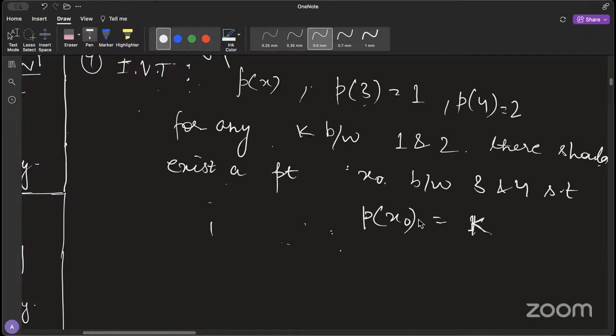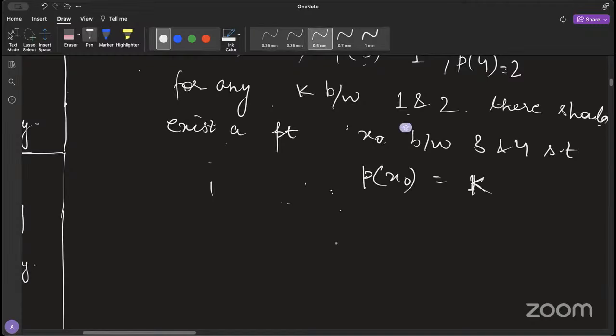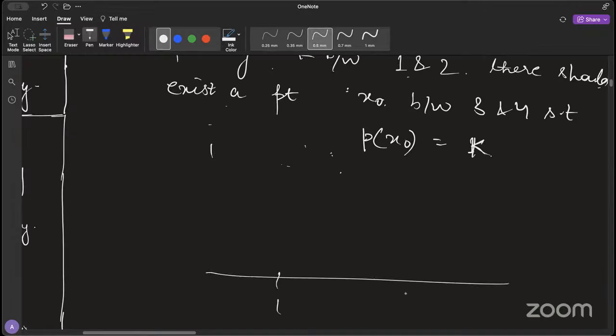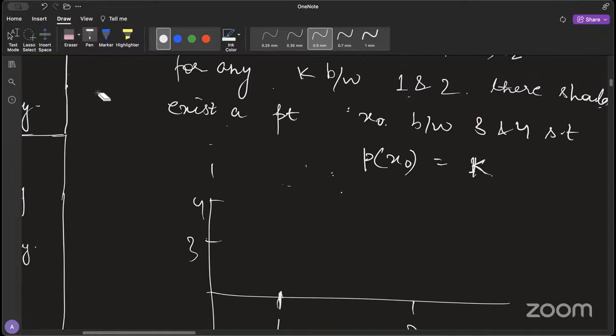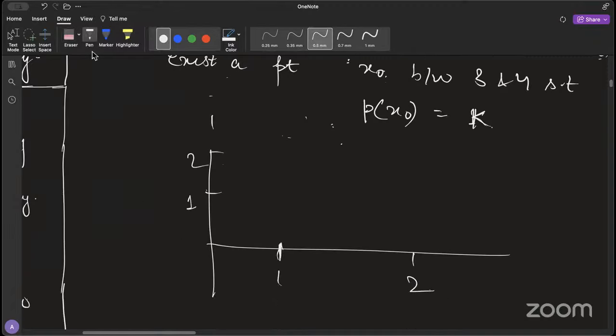Now what does that mean? If you take a number between 1 and 2, your 1 and 2 are here, and the values at 1 and 2, 3, 4, that's here. So if you take any number, no, you took the wrong thing. 1 and 2 is here, and 3, 4 we have to take on the x-axis, right?